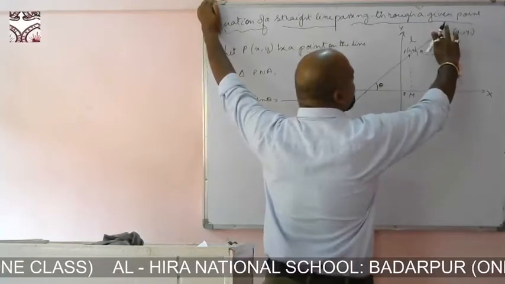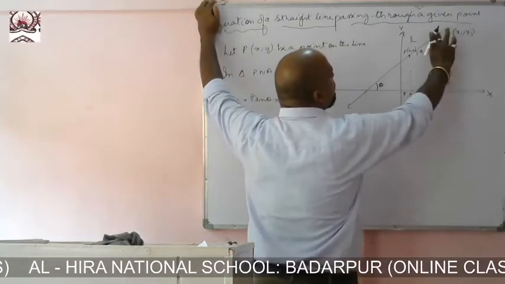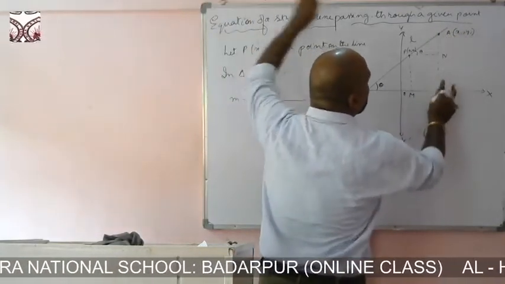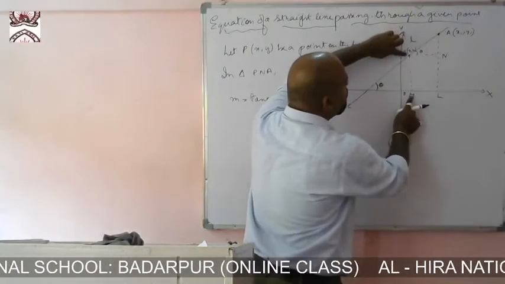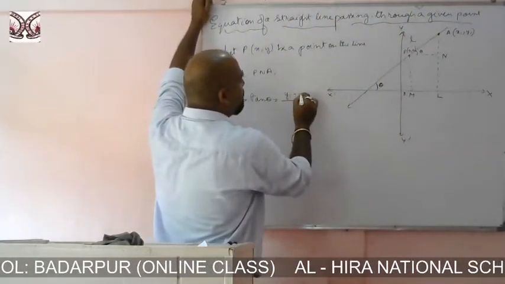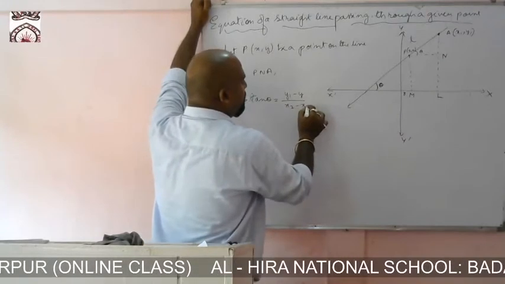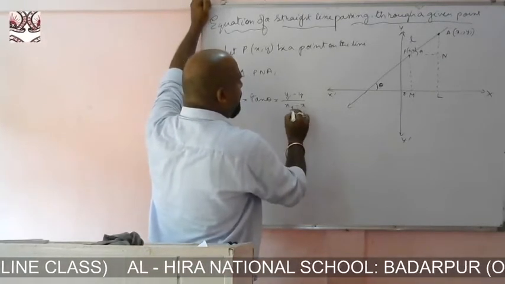This is nothing but this one by this one. From here to here, what is the value? (y1 minus y) divided by (x1 minus x).